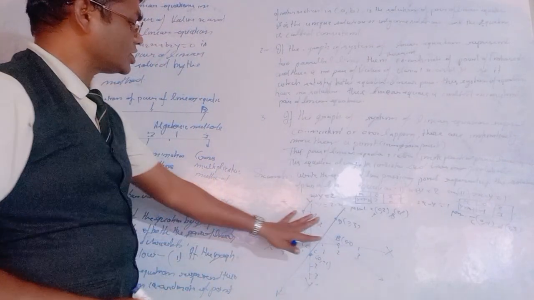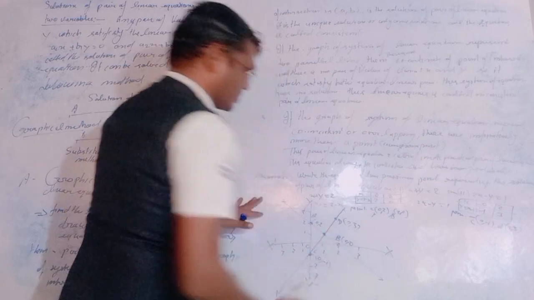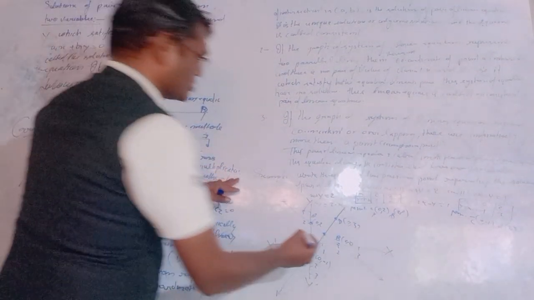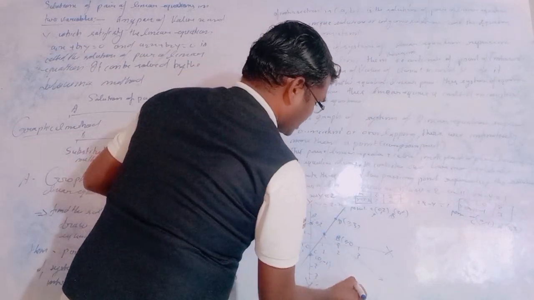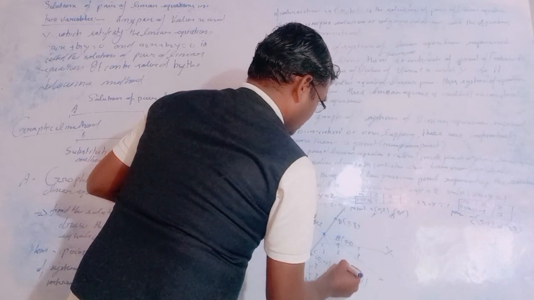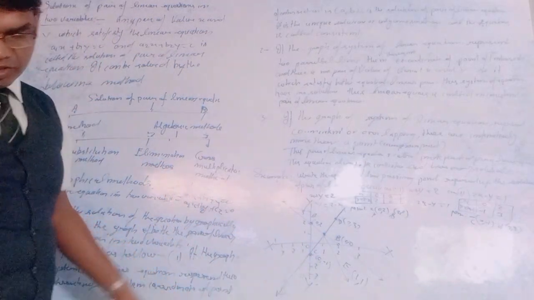Got it? So these are the points we have, and this is the point of intersection. Suppose that this becomes E, 1 and 1. So we have got the solution of these equations.